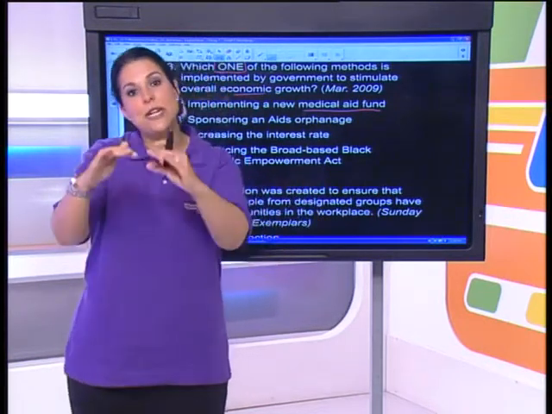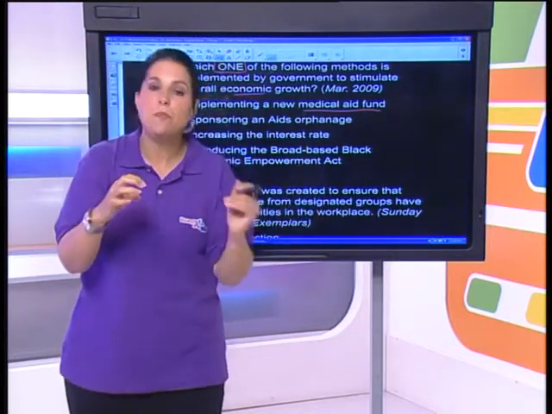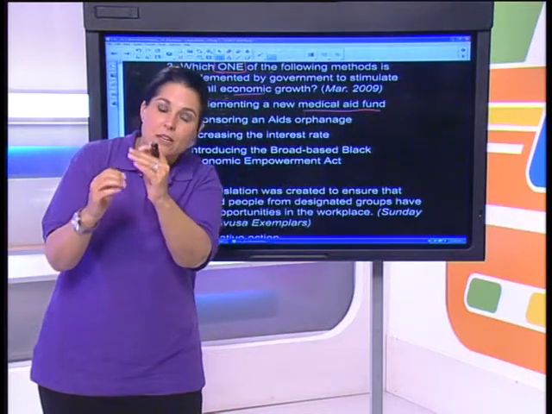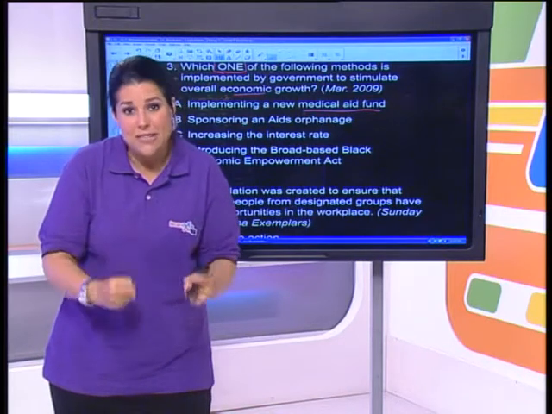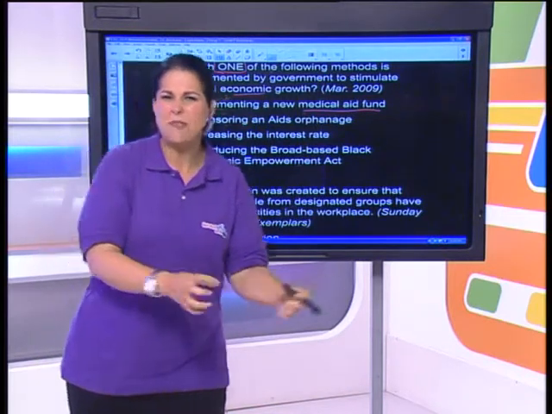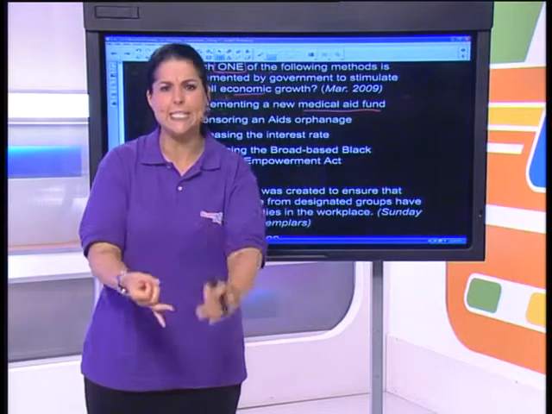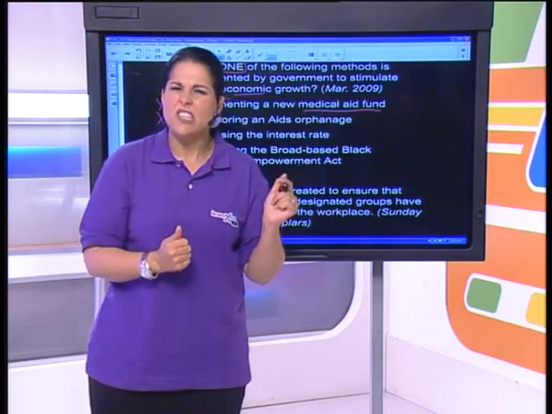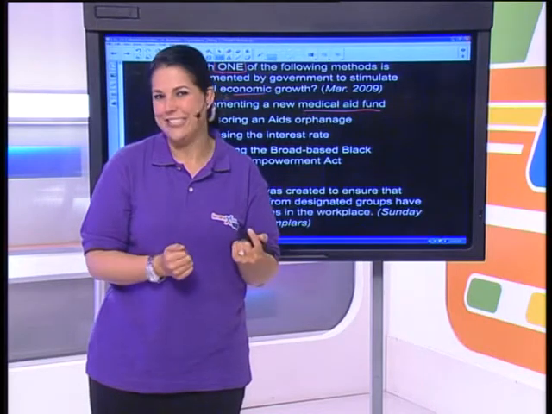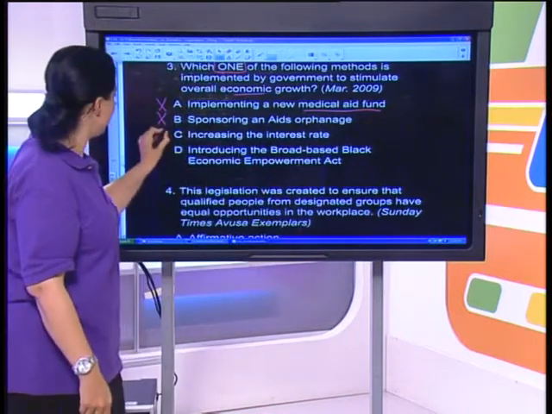If that interest rate goes up, I need to pay more per month for that premium, which leaves me with less spendable money. So I'm going to have less money to go out to movies and dinner and buy groceries, put petrol in my car. So is the economy going to grow? No, definitely not. So we know it's not C.